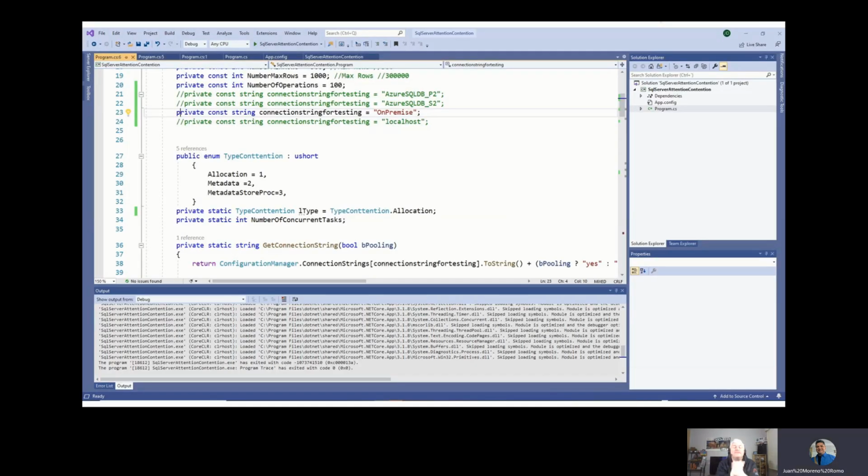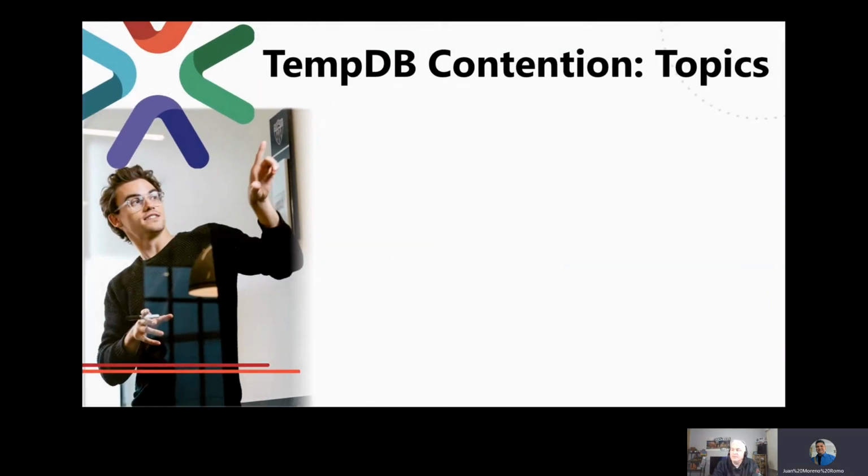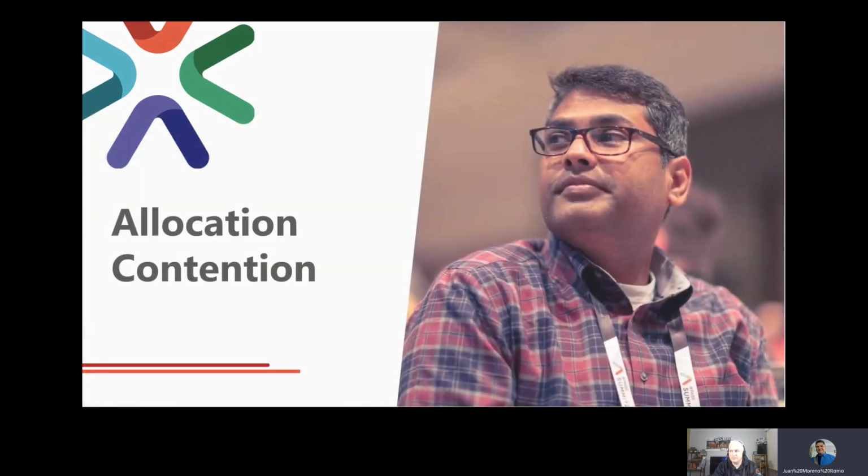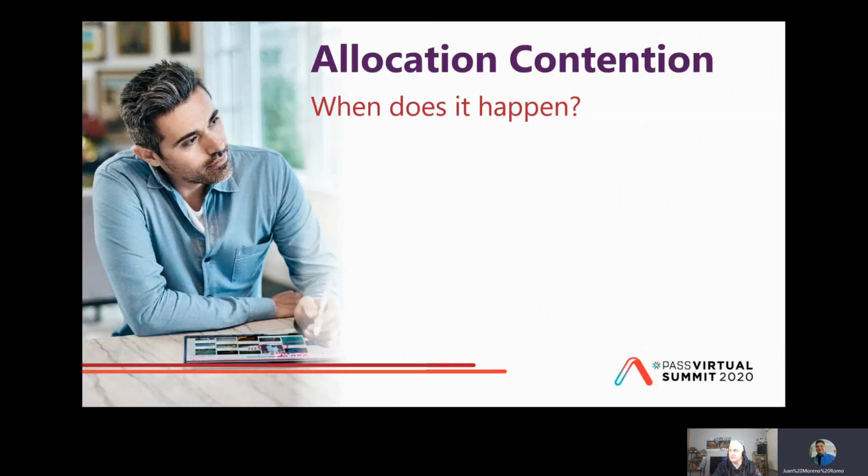Okay, so what we have here is tempdb contention. Actually, tempdb contention covers two different topics, allocation contention and metadata contention. We will see both of them in the following slides. So let's start with the allocation contention, which is what we have just seen in the demo that Jose Manuel has done.